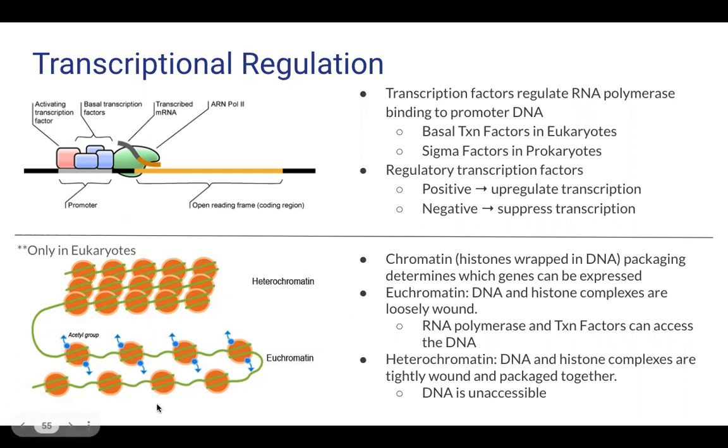In that loosely packed state, RNA polymerase is able to come in and transcribe, and transcription factors are able to access the DNA to express some gene. Versus heterochromatin, shown at the top, where the DNA and histones are very tightly wound together. Therefore, RNA polymerase and transcription factors cannot access the DNA, and genes won't be expressed.